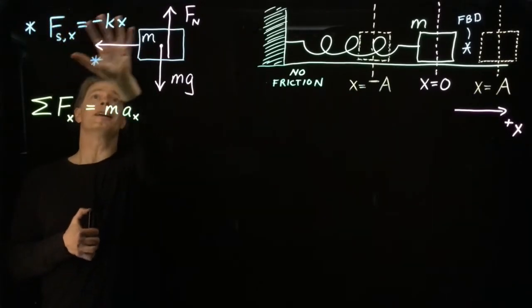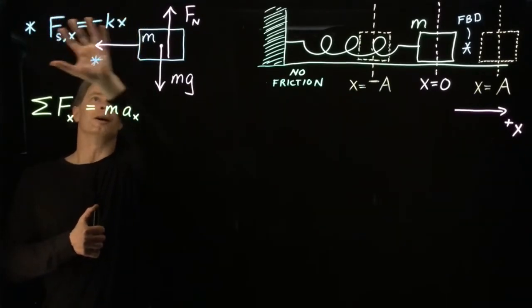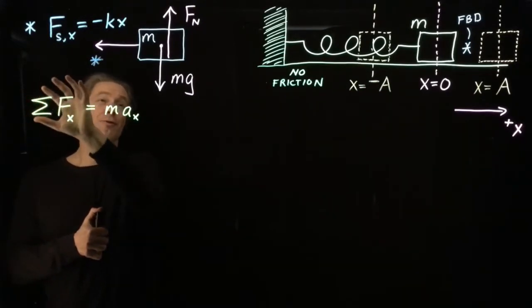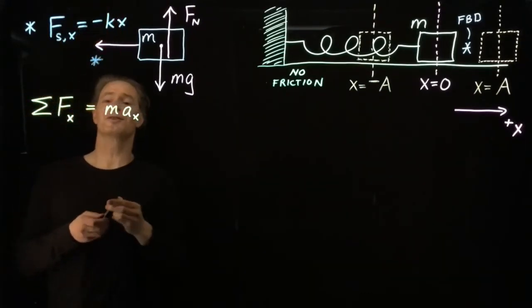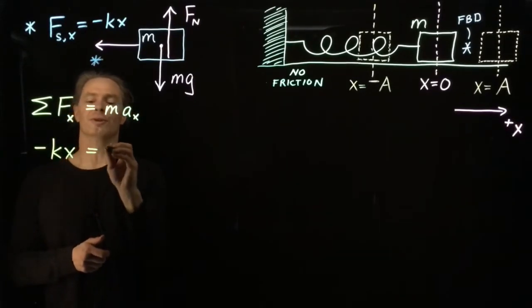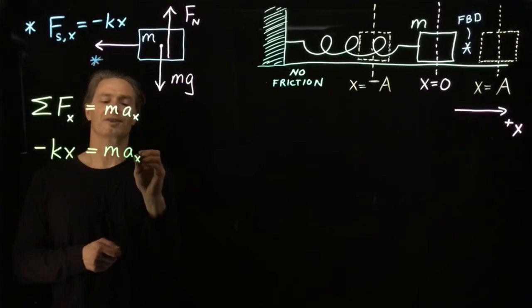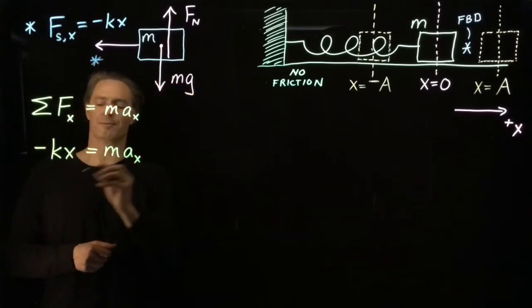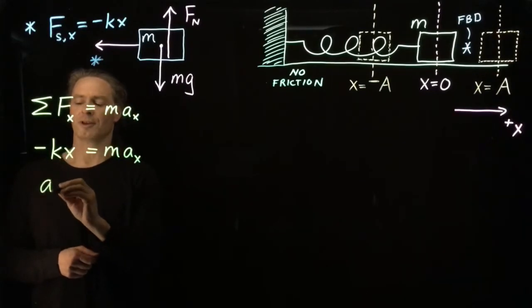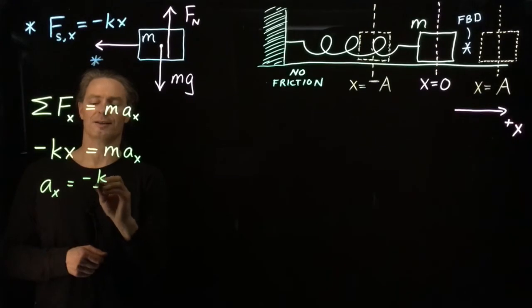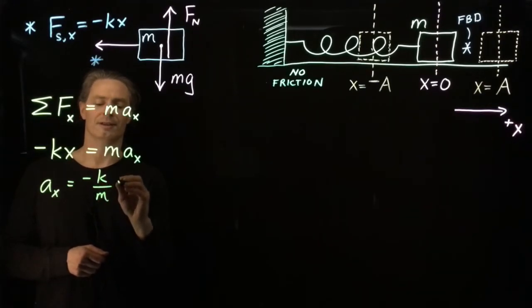So this is already in the form of components. So in the place of the sum of all the forces in the x direction, we only have this. So we have minus kx equals m a sub x. Let's rearrange this. I'm going to solve for a sub x. A sub x will equal minus k over m x.